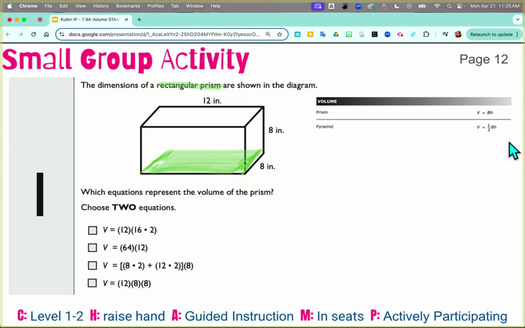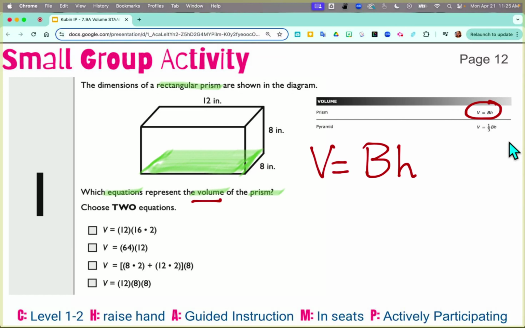It's asking us for equations for volume of the prism. Those words are huge in this problem because they tell us that we are going to use the prism formula, volume equals capital BH, to find the volume of this entire shape.